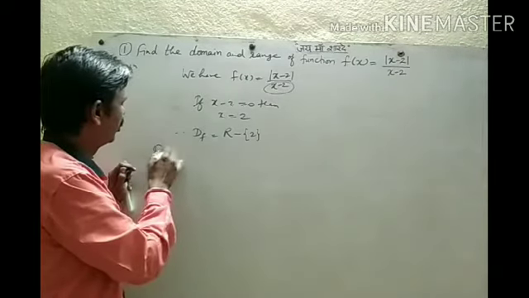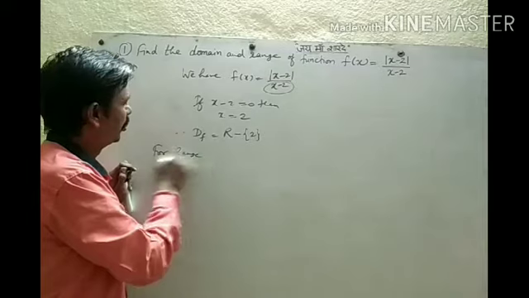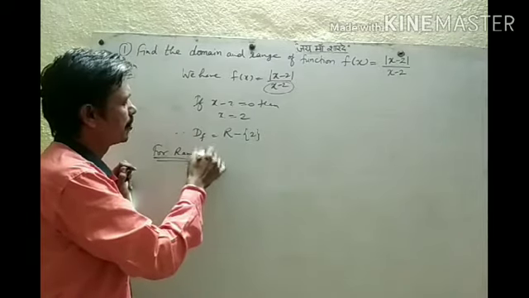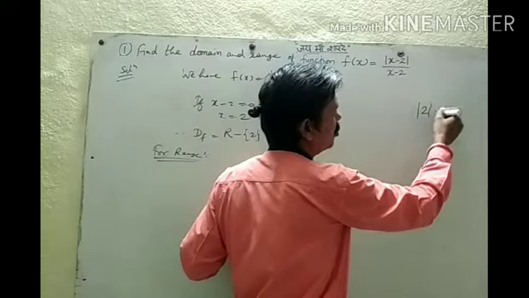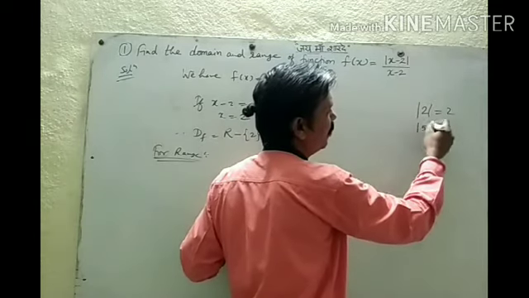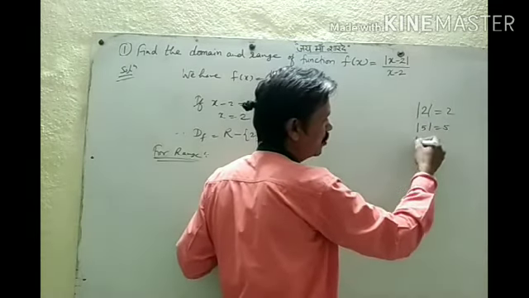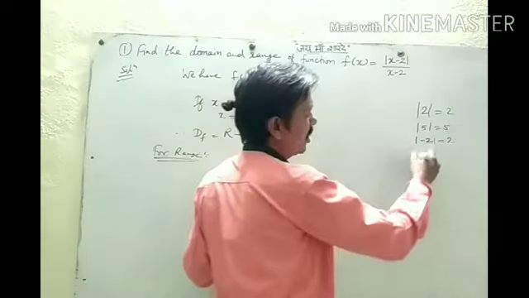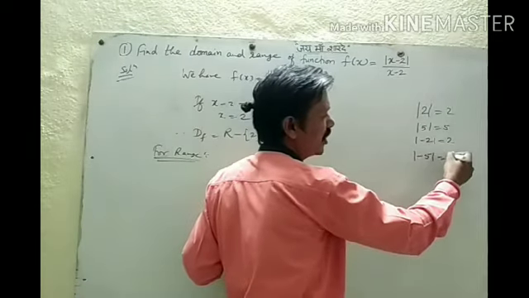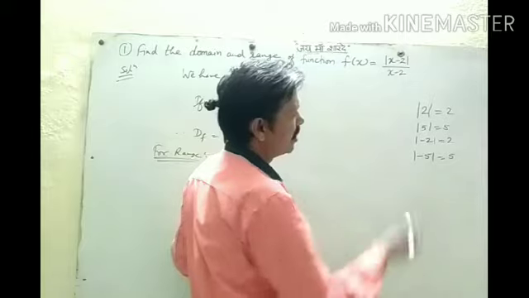Now for the range, what will be the range of this function? We know the absolute value of 2 is 2 only, and the absolute value of 5 is 5. The absolute value of minus 2 is 2, and the absolute value of minus 5 is 5. So what is happening here?